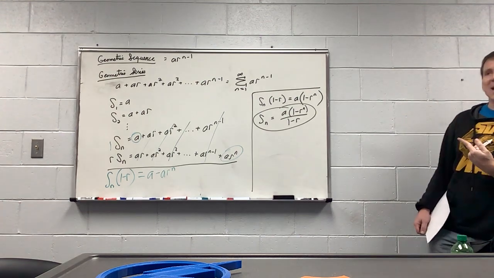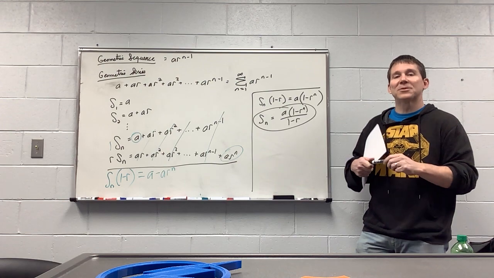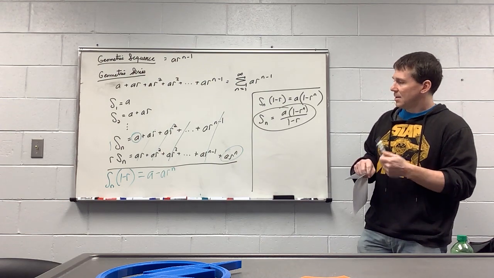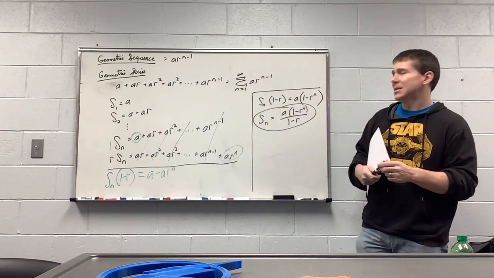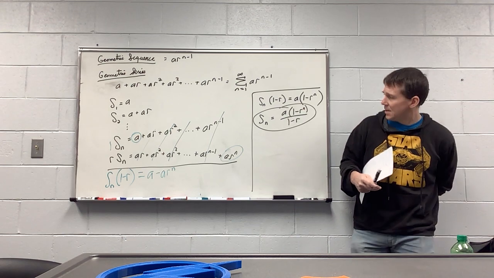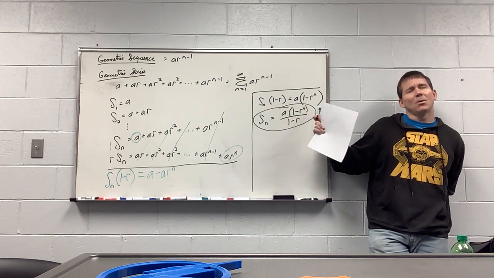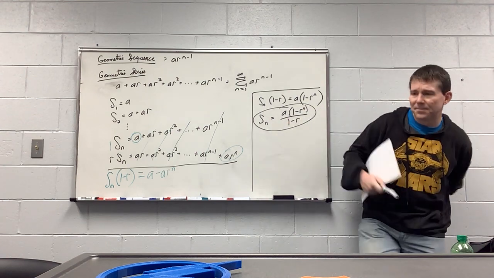And from trig, you should probably recognize this is the formula for the sum of a geometric series. But I care about the infinite geometric series, which really just means this n is going to go off to infinity. And the question becomes, when does this converge if n goes to infinity?